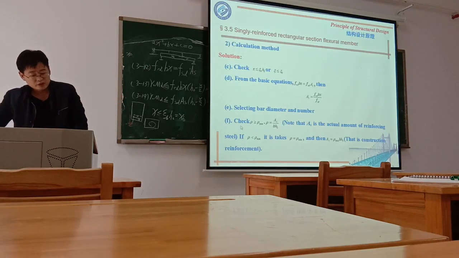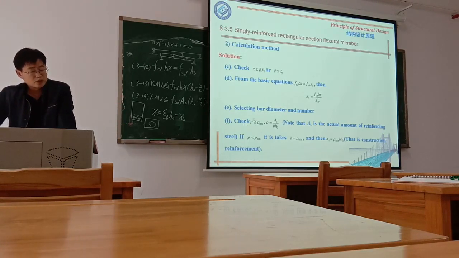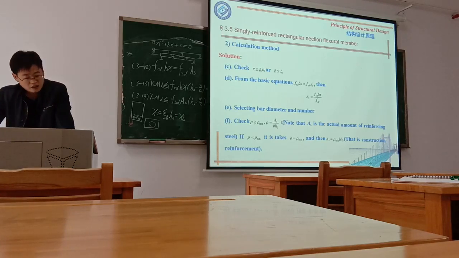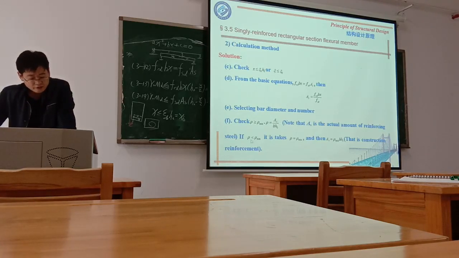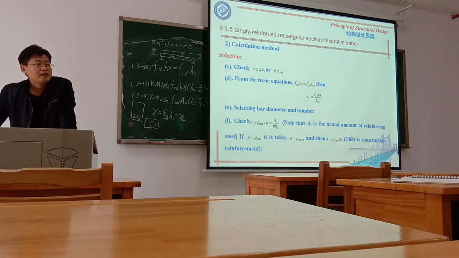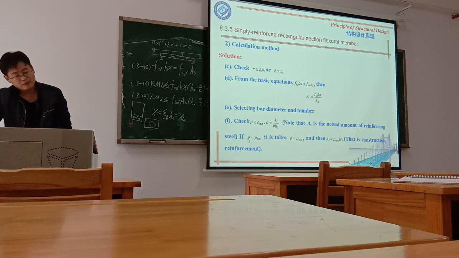So when you calculate the reinforcement ratio, you should use the real AS. So how much reinforcement you use. If rho is smaller than the minimum value, then you should use the minimum value, and then AS equals this.